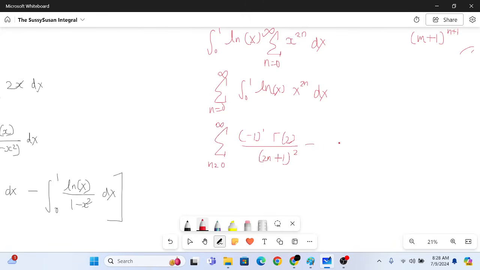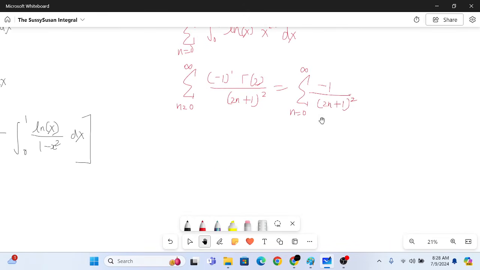Okay, now the sum can be written as sum from n equals 0 to infinity of minus 1 by 2n plus 1 whole square. Now you can clearly see that this sum is actually just the sum of the odd terms of the Riemann zeta function, with a negative sign, of course. So how we can evaluate this sum is negative times 1 minus 1 by 2 square, times Riemann zeta of 2.